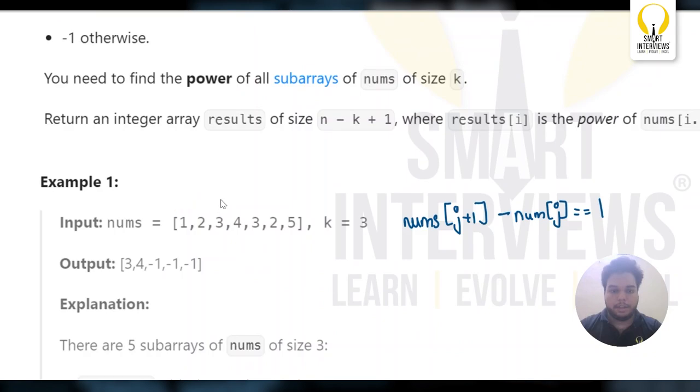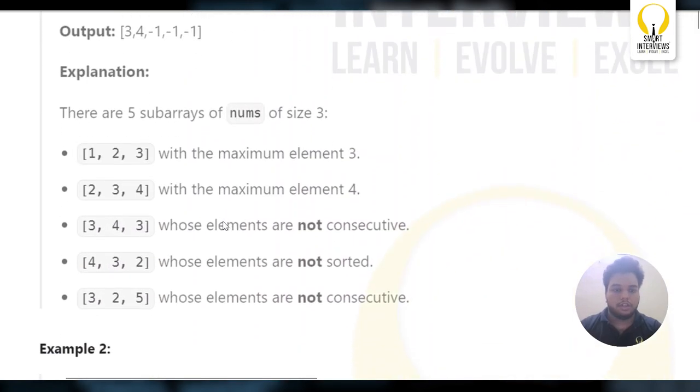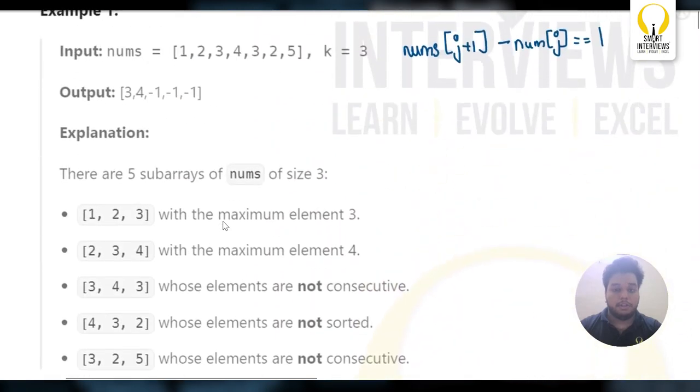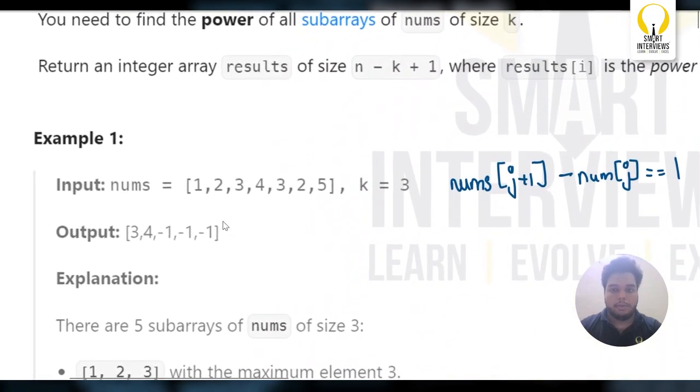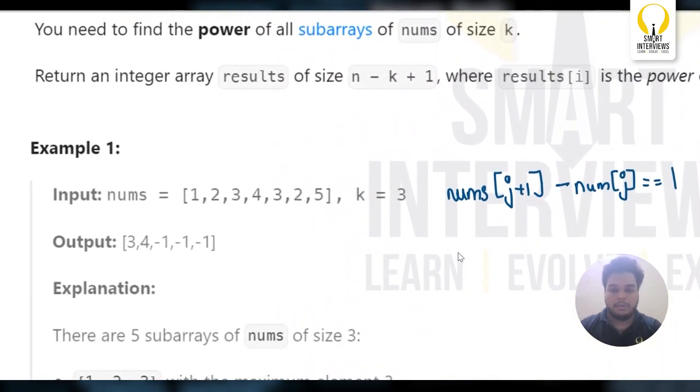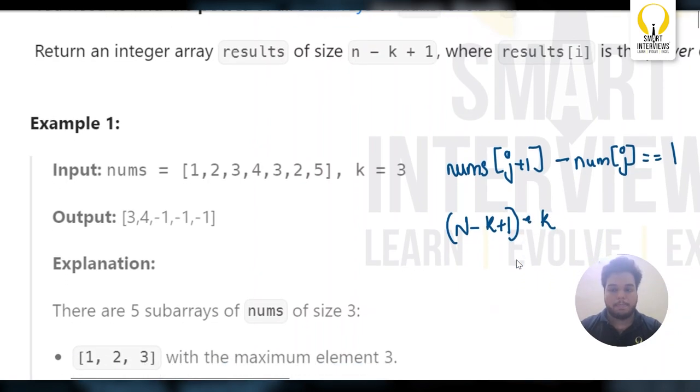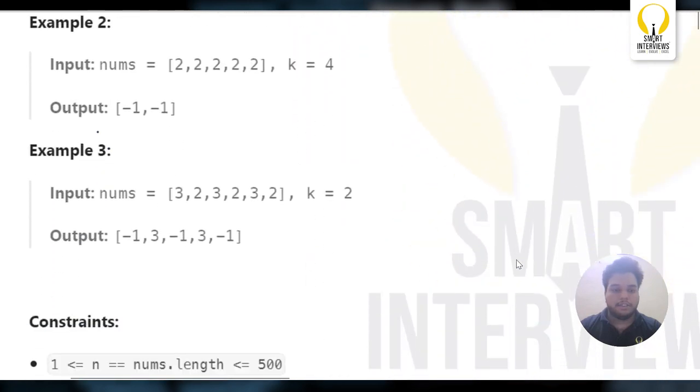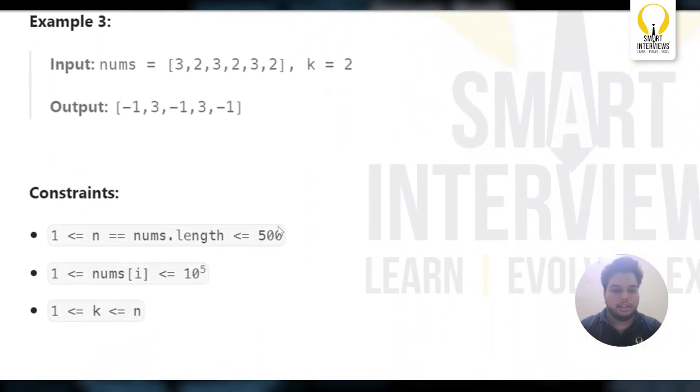So before we implement this, let's check if this brute force solution will work or not. If you observe our logic, there will be how many such subarrays? There will be n minus k plus 1 subarrays. So we'll iterate on each of them, and so inner iteration will take k times. If we just check the constraints, 500, and k can go till n.